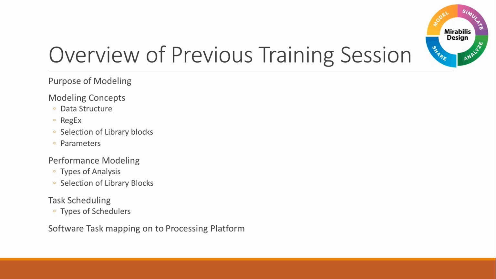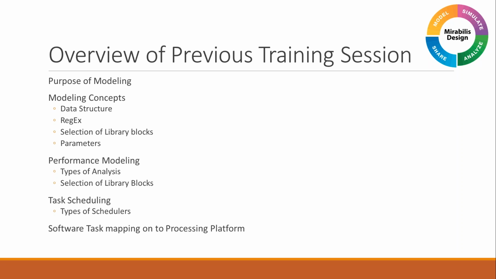The other aspect that we discussed is the selection of library blocks. VisualSim has over 300 library blocks. The question is, which library block fits into which aspect of your design? So if I'm trying to do, say, a DMA design, or a real-time operating system design, or a cache architecture, which library blocks do I select for that?